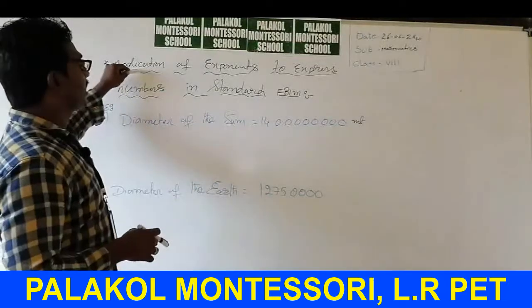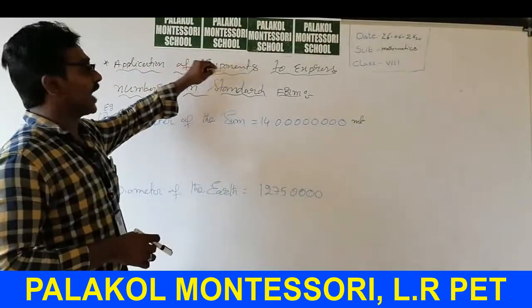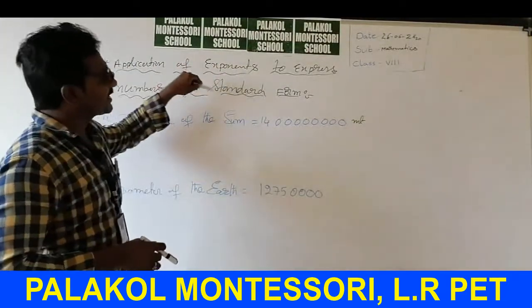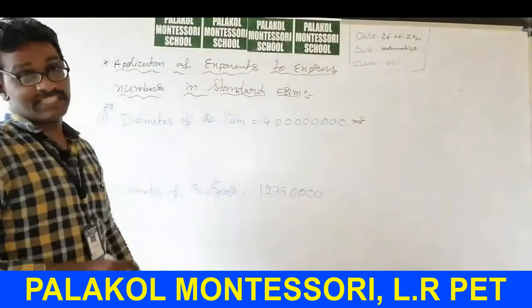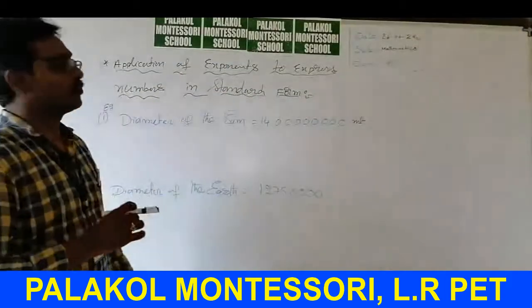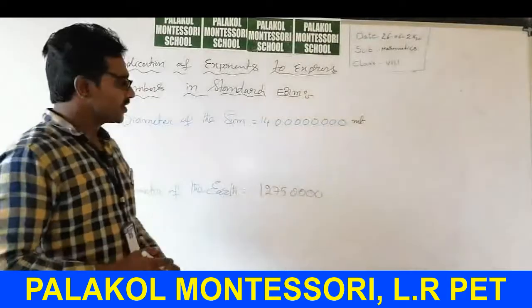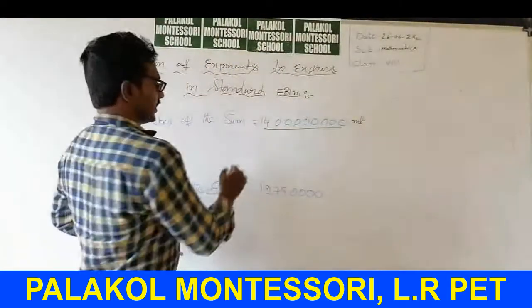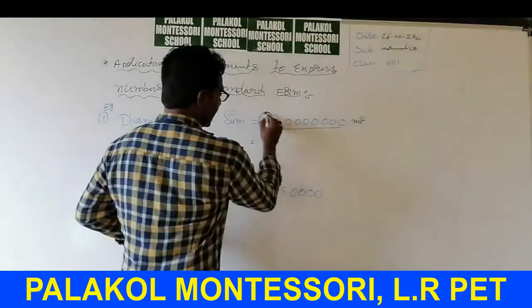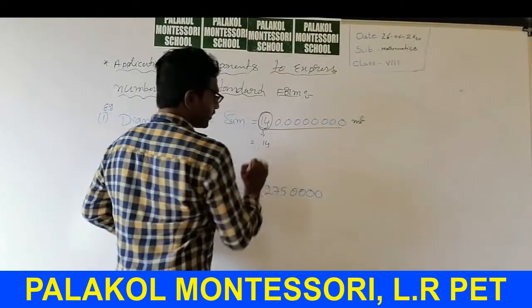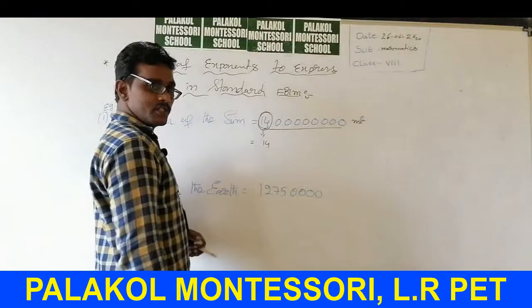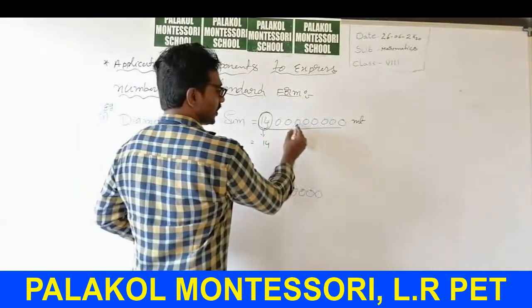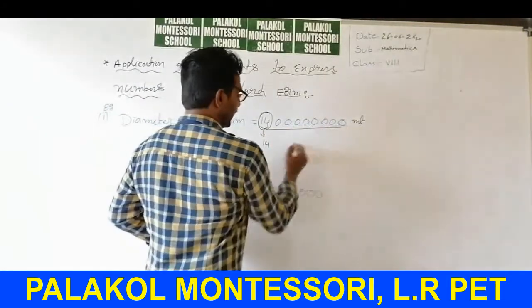This is the largest number in the short form. See the heading: application of the exponents to express the numbers in the standard form. That's most important. First, how to write this large number. See, 14 is a number, you bring down that number. After that, how many zeros are there? 1, 2, 3, 4, 5, 6, 7, 8.